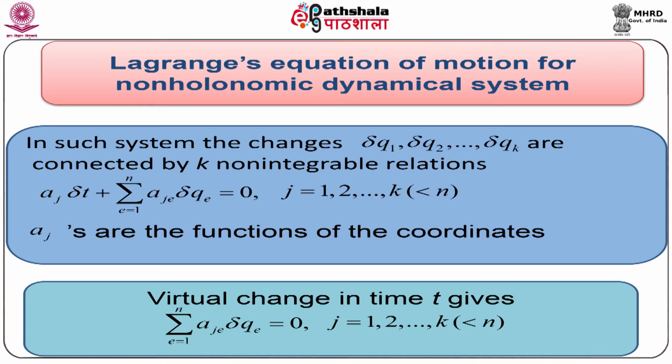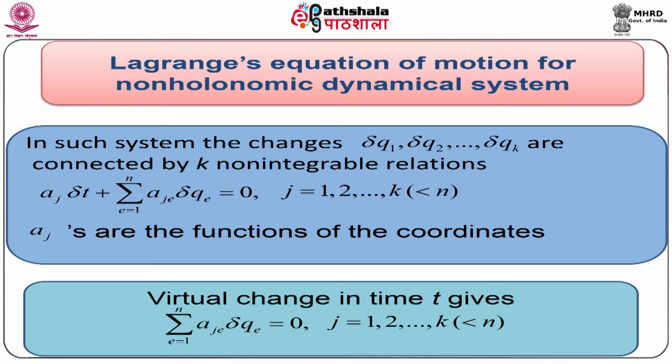Let us consider the virtual change in time t. As we are considering virtual change, the time t is fixed, and this gives summation over e of a_je delta q_e equal to 0. Virtual change means time t is fixed, so delta t vanishes.